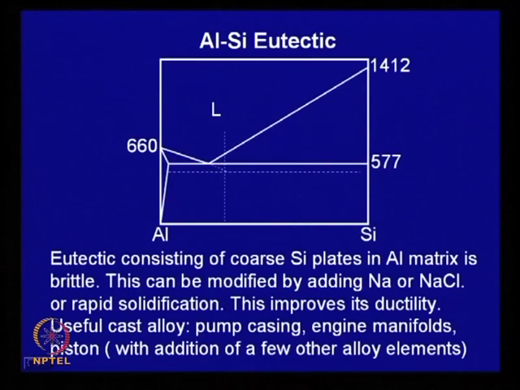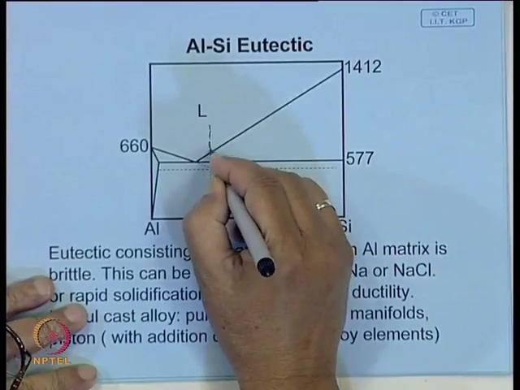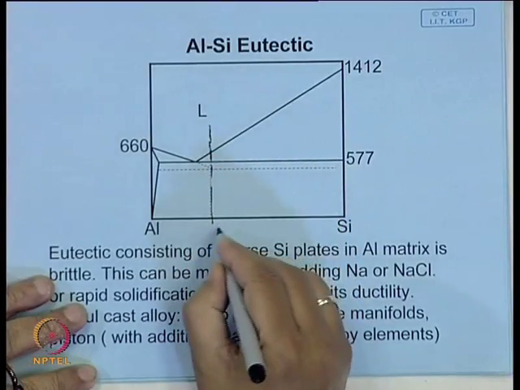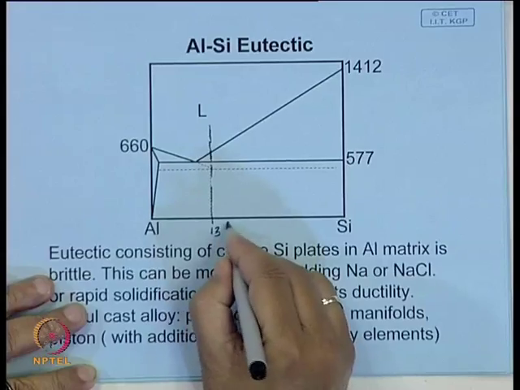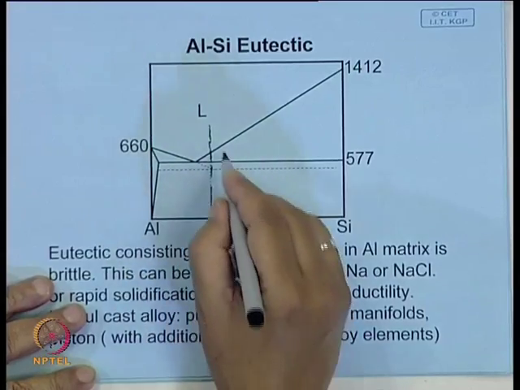There are two ways modifications can be done. One is by adding something, like sodium or sodium chloride, to the melt, and then the structure gets modified. Suppose you look at this hyper eutectic alloy composition, maybe around 13 or 14% silicon.